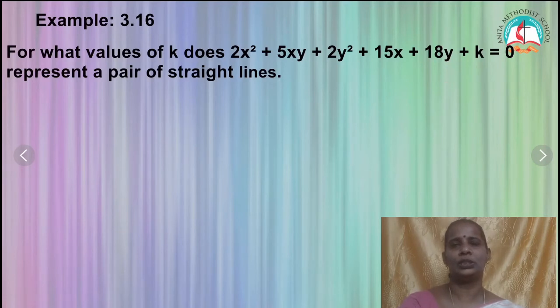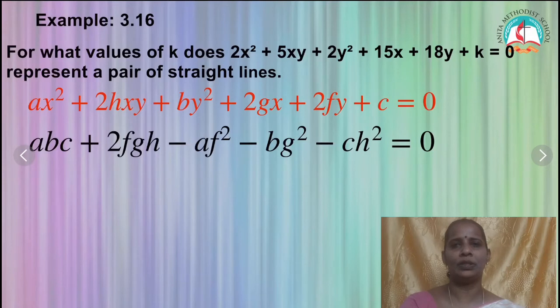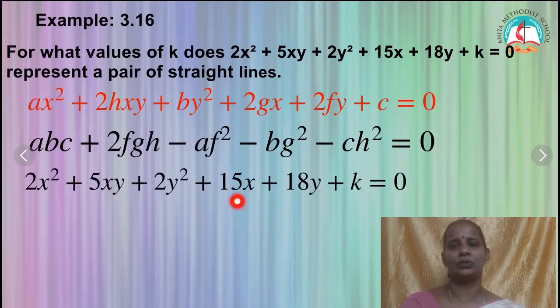Using that condition, I am going to find out the unknown here. First you write the given equation and the general equation, and the condition is this: ABC plus 2FGH minus AF square minus BG square minus CH square is equal to 0.